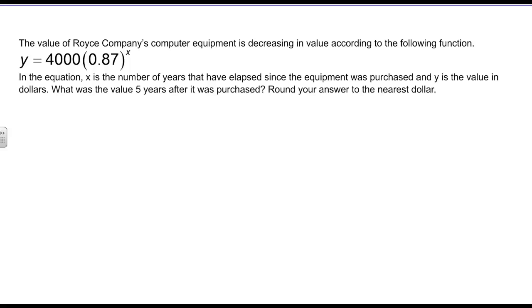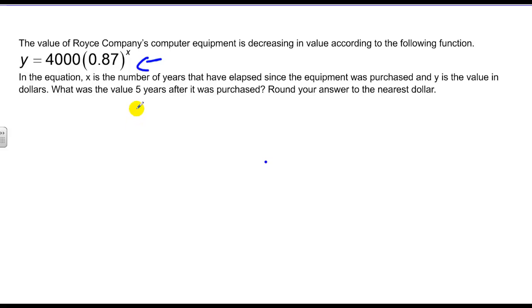So here's a word problem. The value of Royce Company computer equipment is decreasing by the following function. So this equation describes the computer equipment's value. X is the number of years that have gone by since the equipment was purchased.